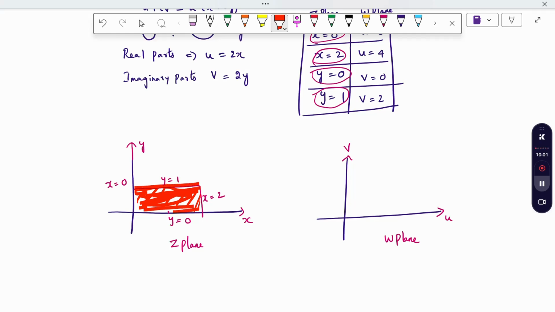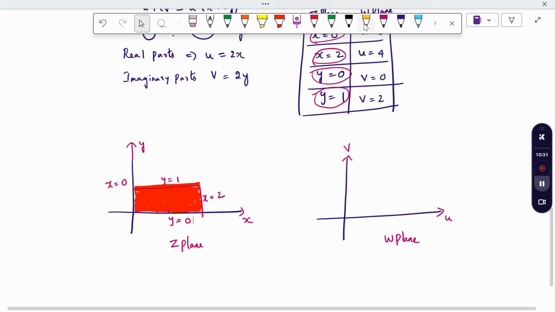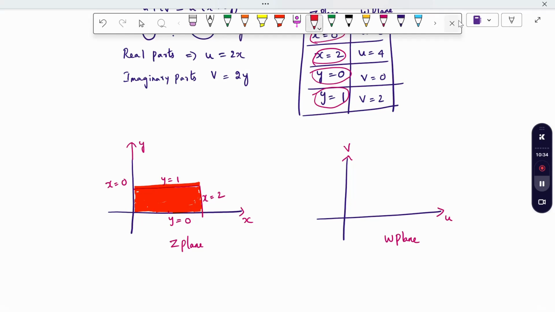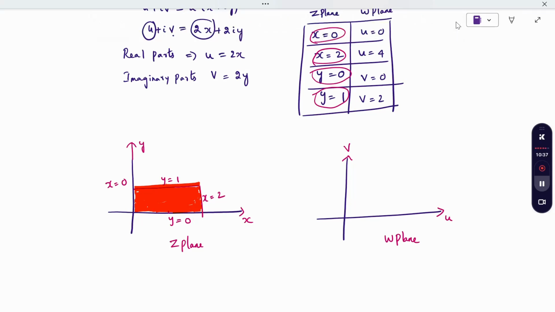Same way we have to do it for the W plane. Whatever data is given: v equal to 0 here and u equal to 0 here.